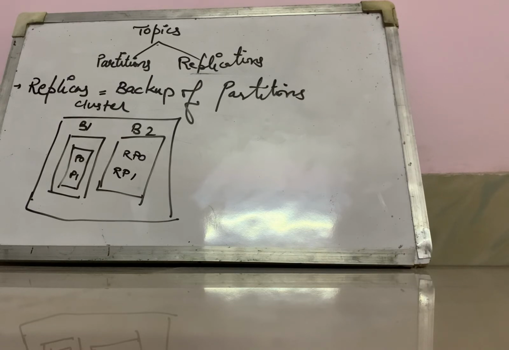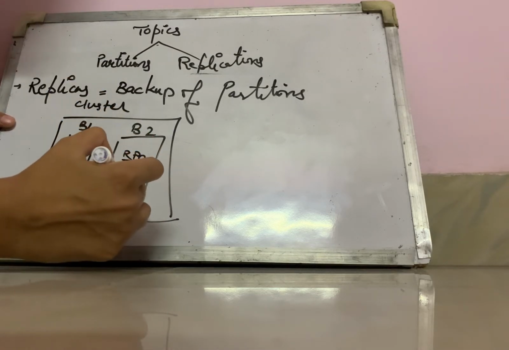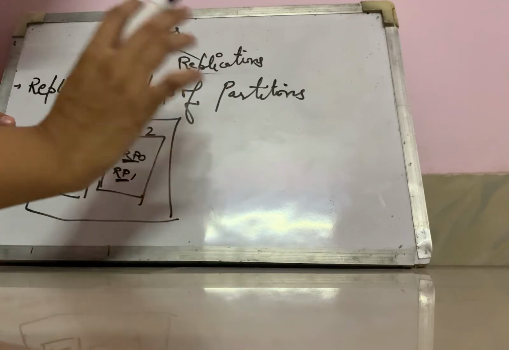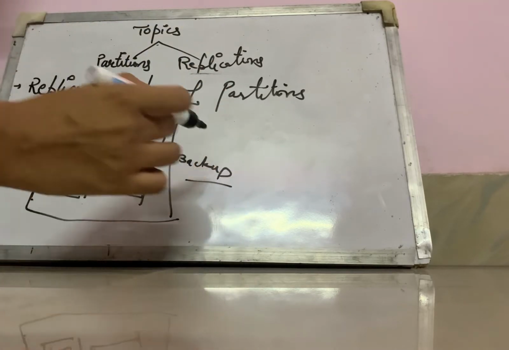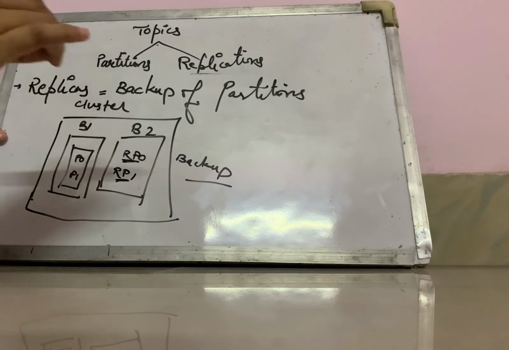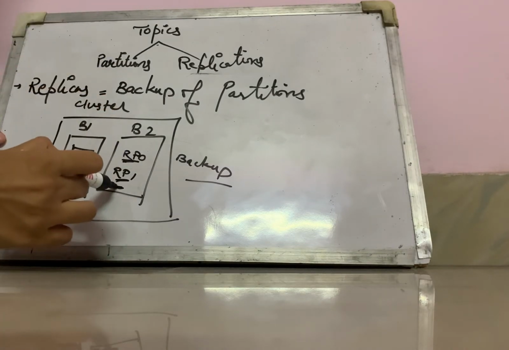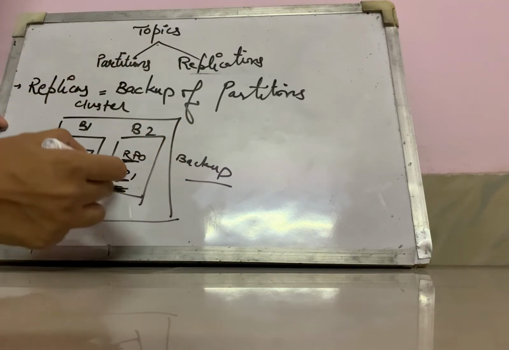Now these replicas are just the backup, and nothing else. Producers won't be producing messages to these replicas, and consumers won't be consuming messages from these replicas.